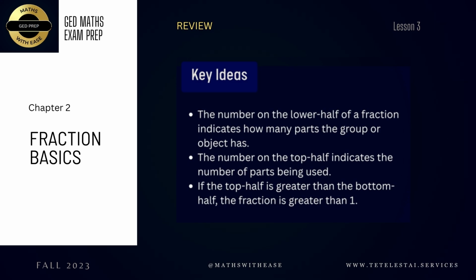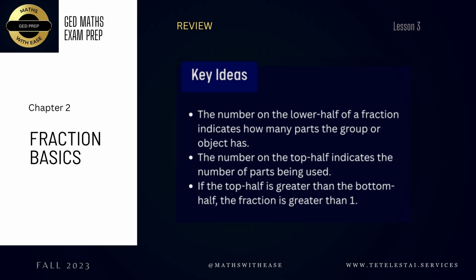If you happen to see 5 over 3, that lets you know that there's a circle that's been divided into 3 parts, that's our whole, with 2 left over, right? So that's indicative that your top heavy fraction is greater than 1, in the sense that 5 is greater than the number of parts in your object, which in the example I'm trying to give is 3.